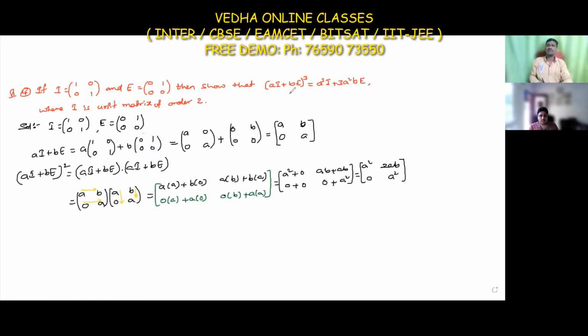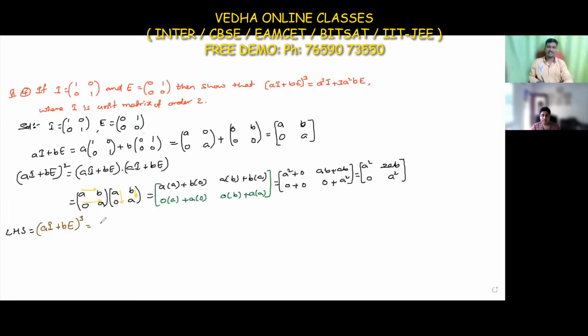Now find the LHS, that is the whole cube. LHS is equal to (aI plus bE) whole cube. How to get the cube? We multiply the square with aI plus bE, and we already have the value.